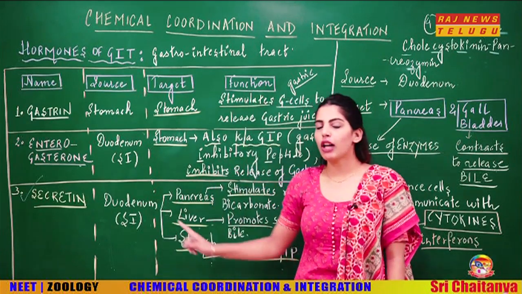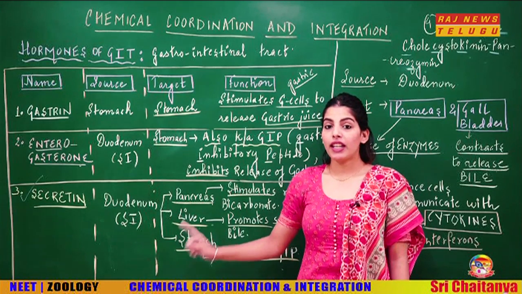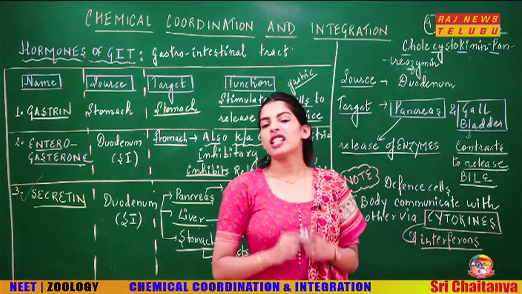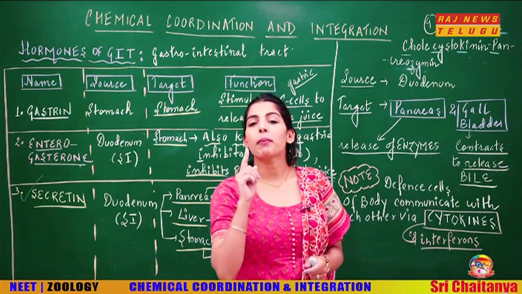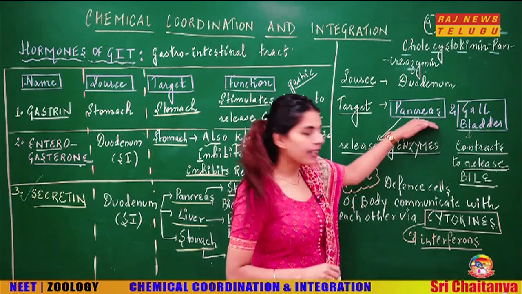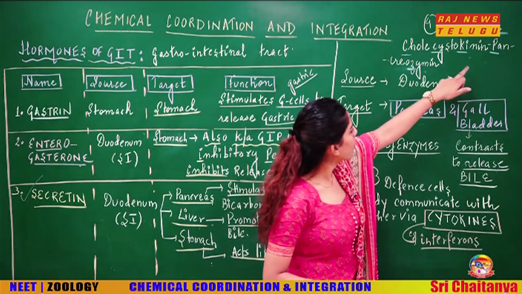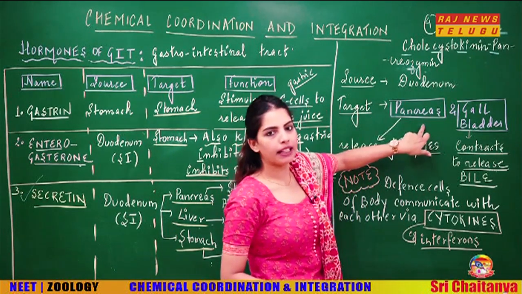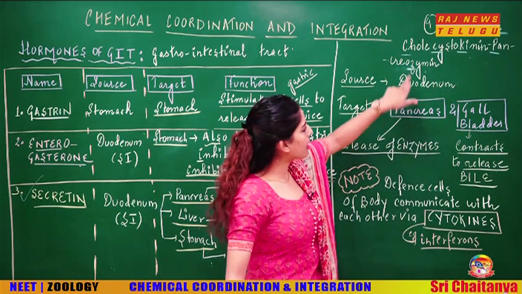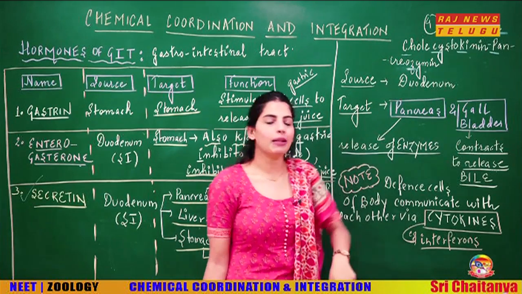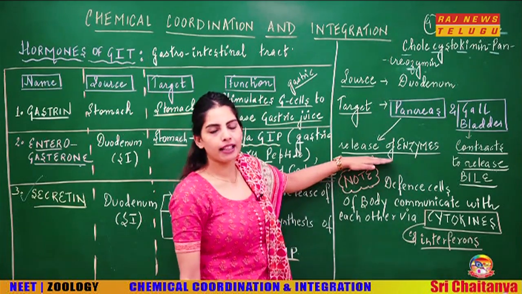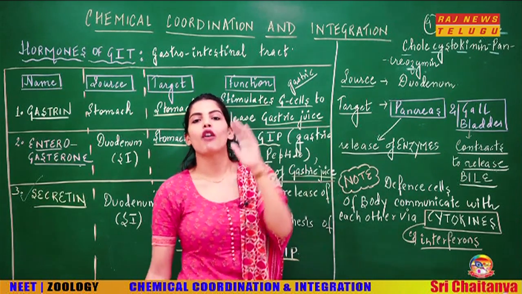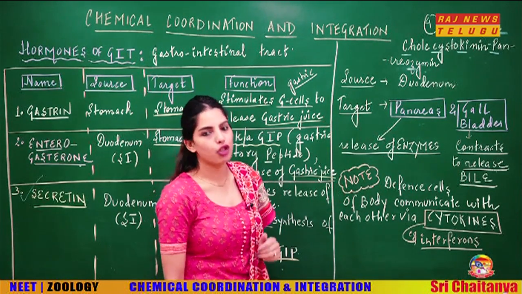Now secretin also has a target, pancreas, but when it acts upon the pancreas, what it is releasing in the pancreatic juice is bicarbonate. When this acts upon the pancreas, can you see the name? Pancreozymin. From here only you can get that the target is pancreas, because of pancreozymin, and zymin means enzymes. So it is going to act upon the pancreas and promote the release of enzymes in the pancreatic juice.